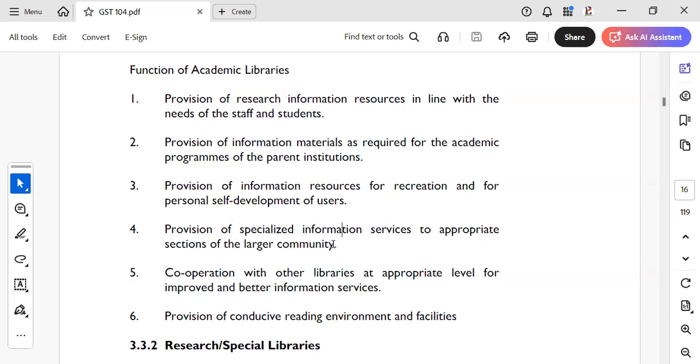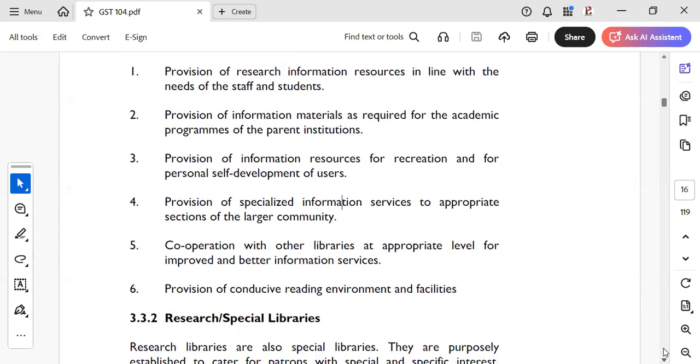The person will need to come with a note from his own institution that we need this so-and-so book. We'll get there. There is a section of this material that shows you how to do referral service, the way you write it, the way the note looks like. When we get there, you will understand better.